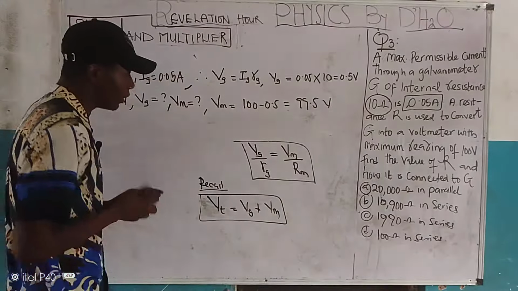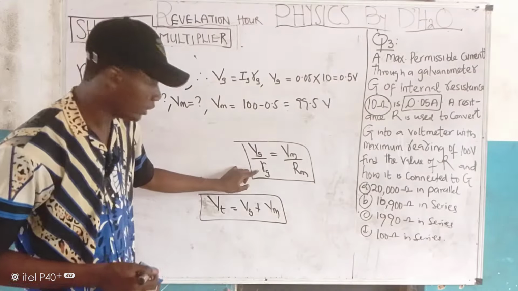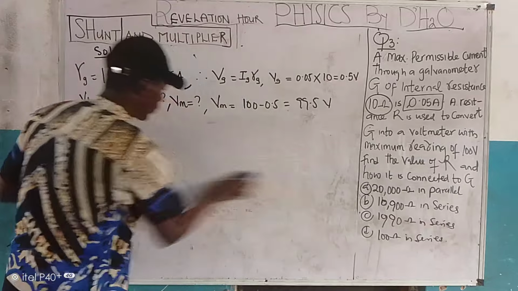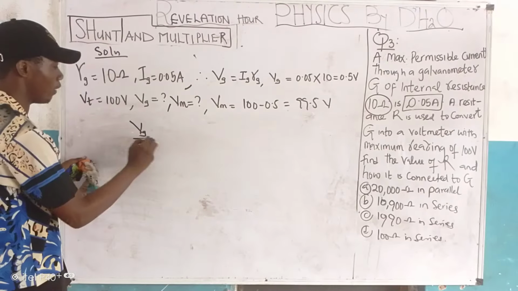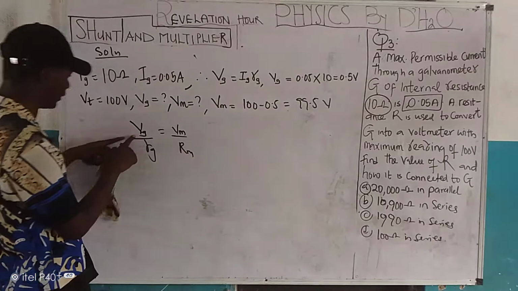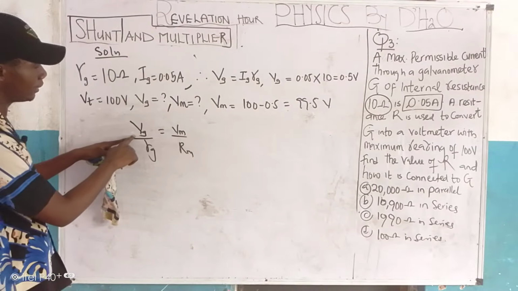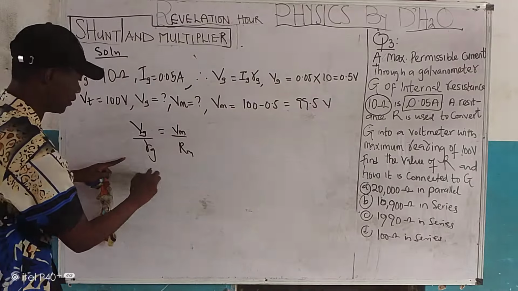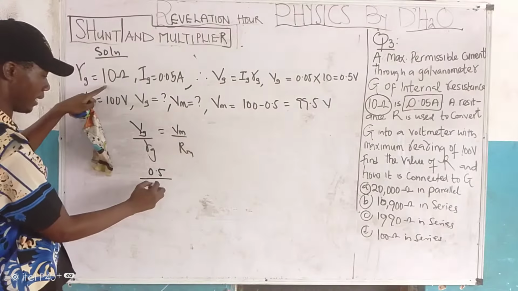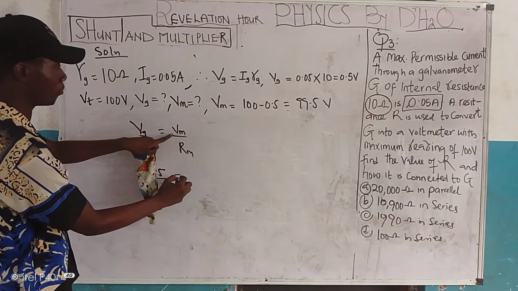So this is the voltage in the multiplier, this is the voltage in the galvanometer. Remember what I told you, that Vg over Rg is Vm over Rm. So let's use the formula to demystify it. What is Vg? Voltage in the galvanometer. Did we know it? Yes, 0.5. What is the resistance of the galvanometer? Did they give us? Yes, it is 10. What's the voltage of the multiplier?